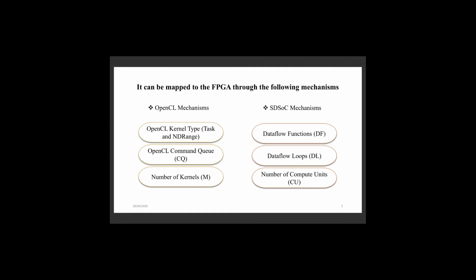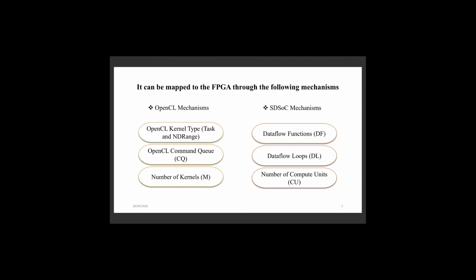At the OpenCL language level, we could choose between the use of a task kernel as one work item, or NDRange kernels with multiple work items, the type and the number of command queues, and the number of kernels. We can write this kernel as a single or multiple kernels.